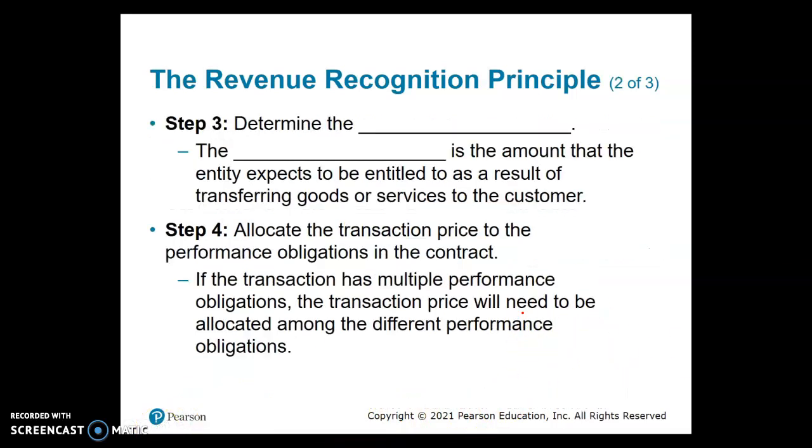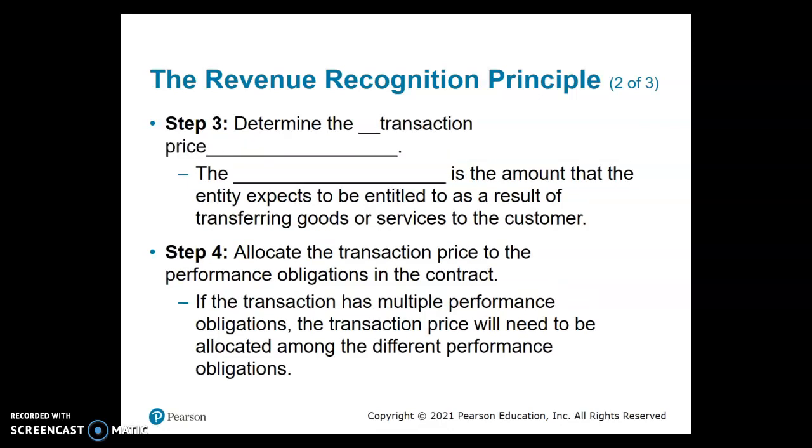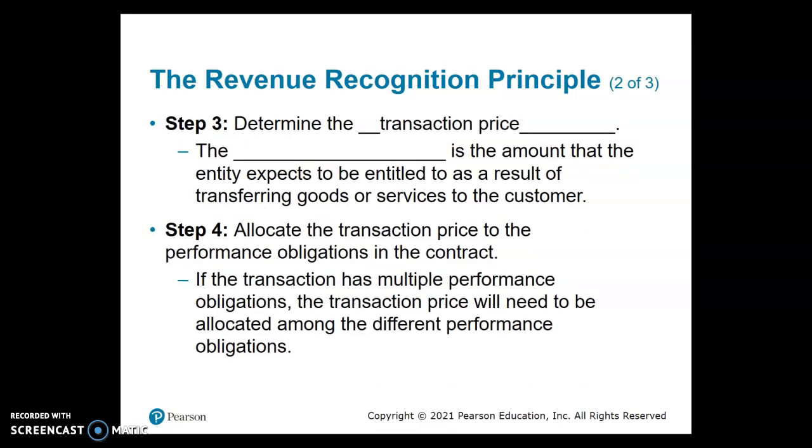Okay. Next, step 3, determine the transaction price. What is the price? What is the amount that we would receive from mowing our neighbor's yard?